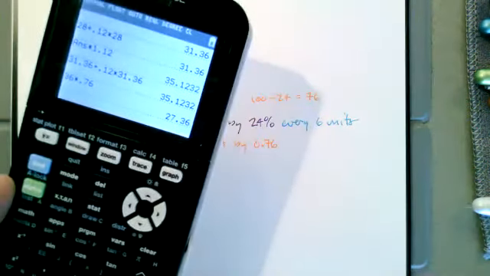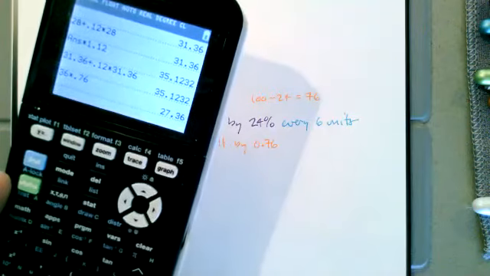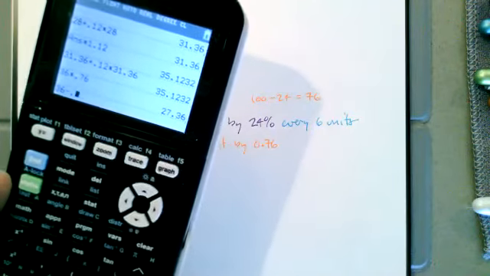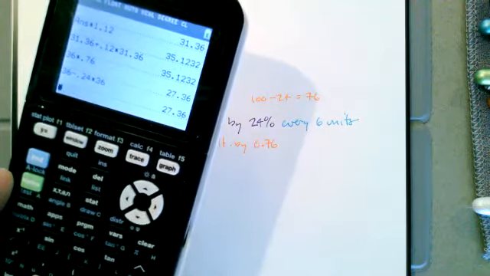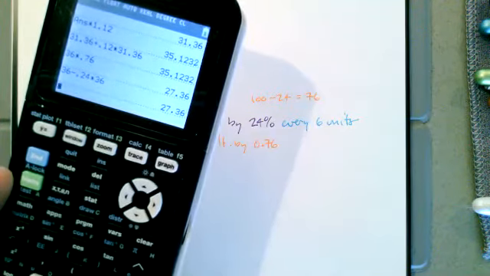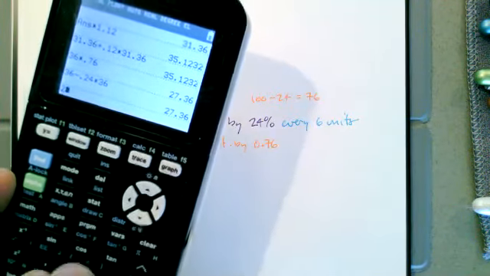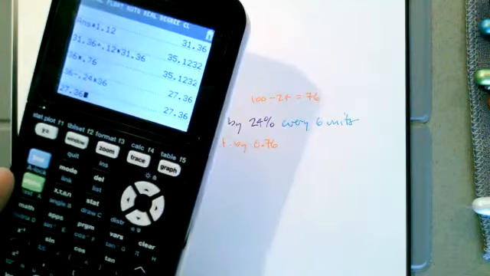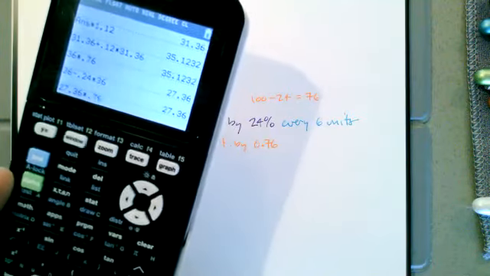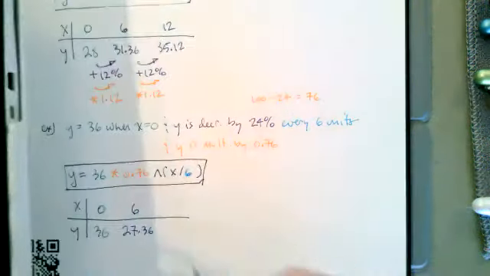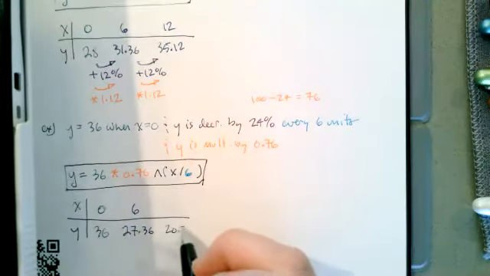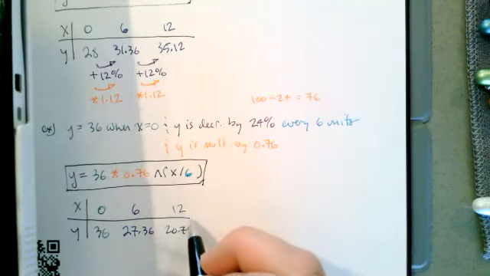We can also think about this as a subtraction problem. If I take the 36 and subtract 24% of 36, I'll be at 27.36. If I take the 27.36 and multiply by 0.76, that'll put us at 20.79 after 12 units.